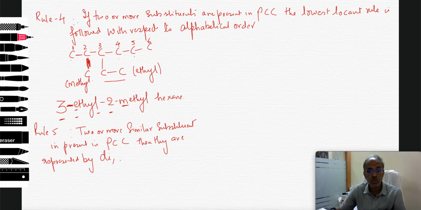If 2 are present, di; if 3 are present, tri; if 4 are present, tetra, and so on.